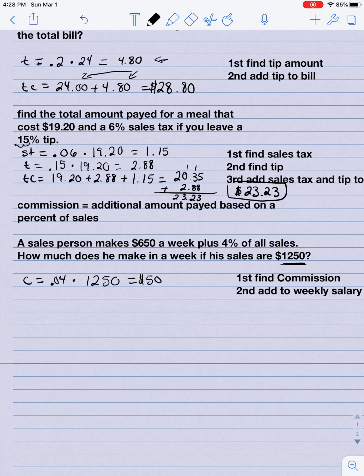So then his total income for that week is going to be his $650 plus his $50 commission. So that week he makes $700.